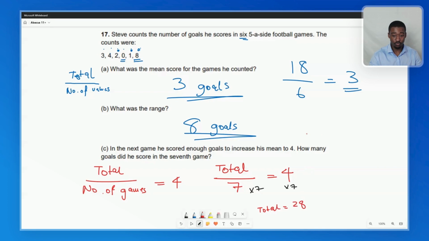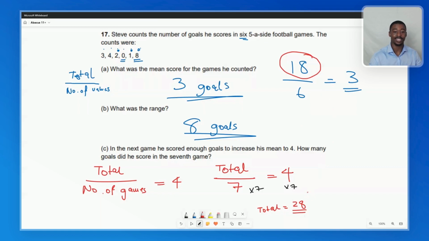So before, our total was 18, remember, for the 6 games. But now we've played 7 games. Our total for this to work has to be what? 28. So we've gone from 18 to 28.